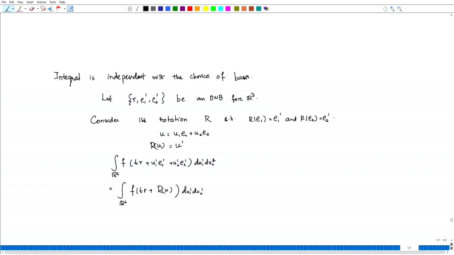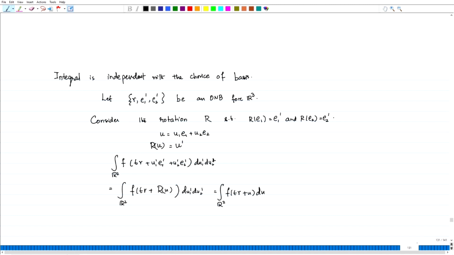Make a change of variable, and we get the integral over R^2 of f(t gamma plus u) du, which is du1 du2. So this is independent of the choice of the basis.